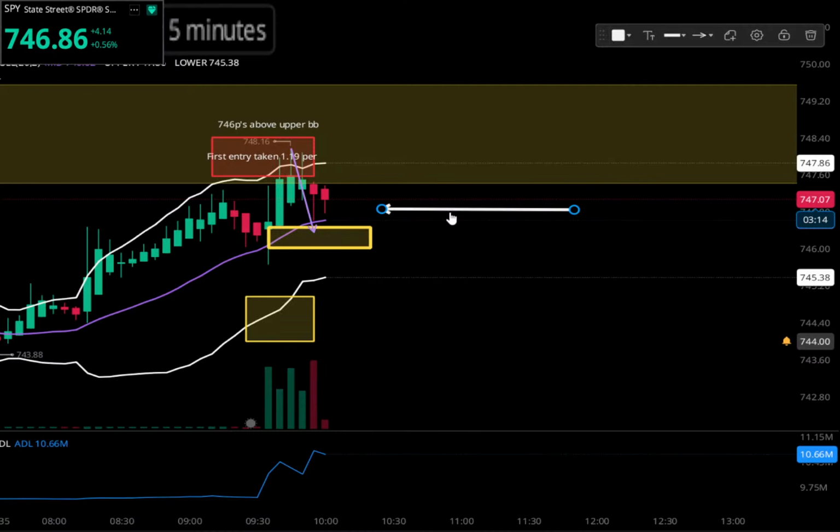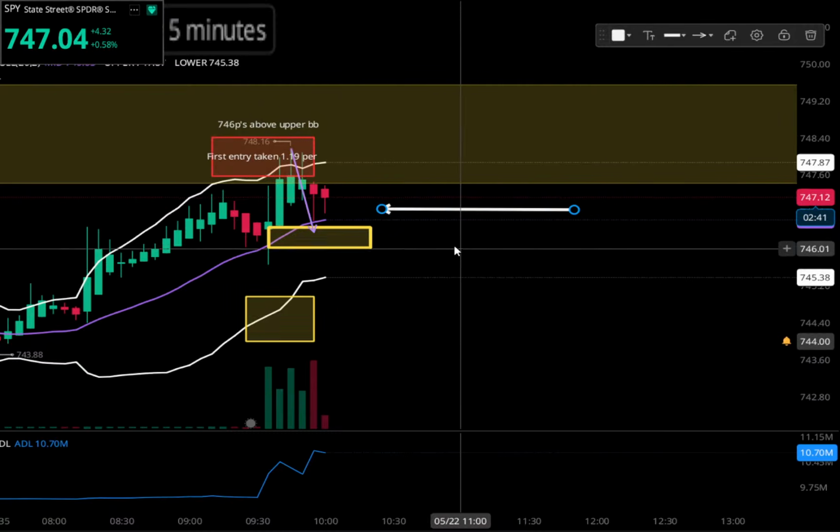Should be getting our exit here very soon. Currently, the entry is not there. We'll wait for our next entry, okay?